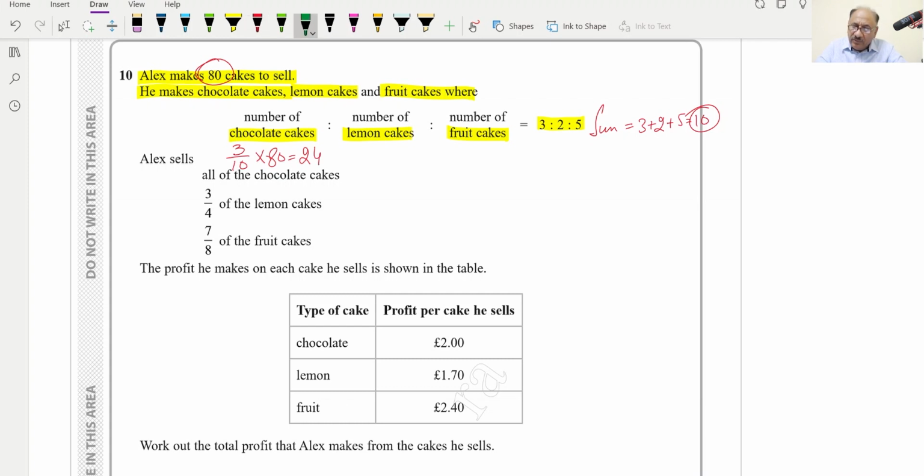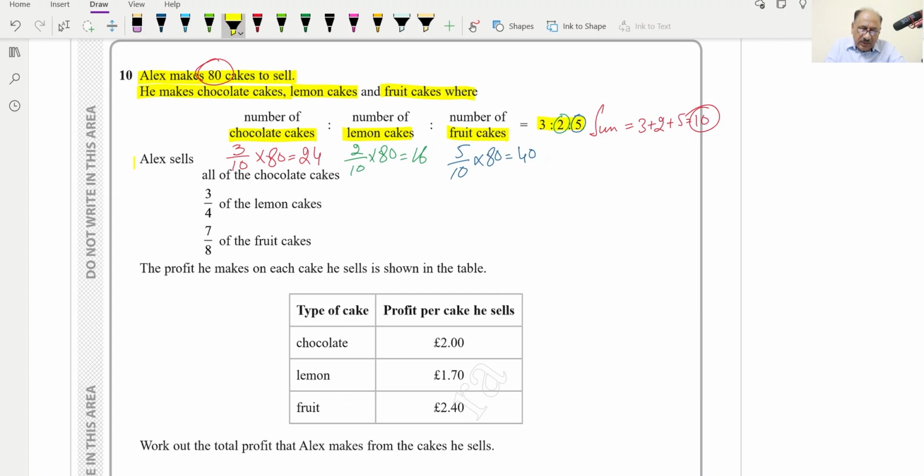Now we can calculate the lemon cakes. Lemon ratio is 2, so it will be 2 over 10 multiplied by 80, we can cancel the 10 and 80, so 8 into 2 will be 16, so this will be 16 cakes. Similarly, we can calculate the fruit cakes also, ratio is 5, so 5 over 10 into 80, and this will be equal to 40. Now these are the number of cakes: 24 chocolate cakes, 16 lemon cakes, and 40 fruit cakes.